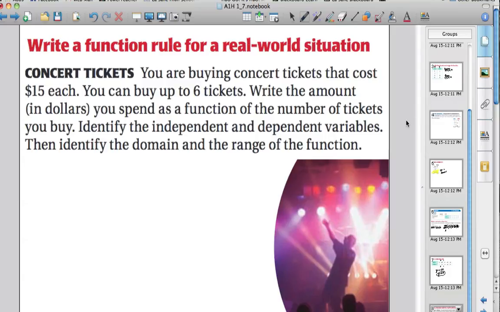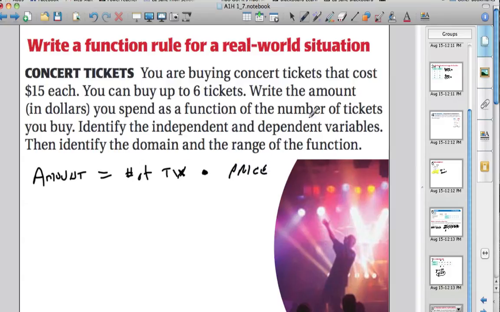Okay, if I wanted to work in a real life situation, I'm buying concert tickets that cost $15 each. I can buy up to 6 tickets. Write the amount in dollars that I spend as a function of the number of tickets I buy. Okay, so the amount will equal the number of tickets times the price of the tickets, right?